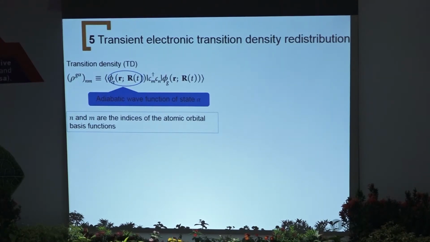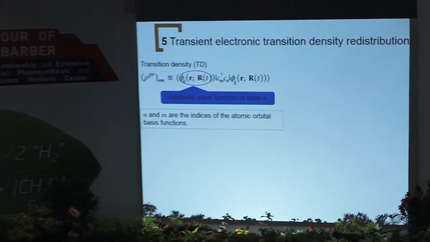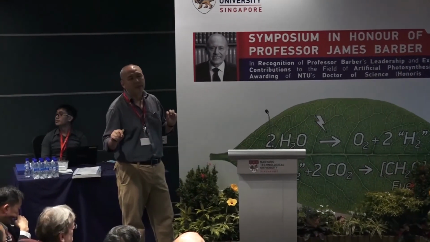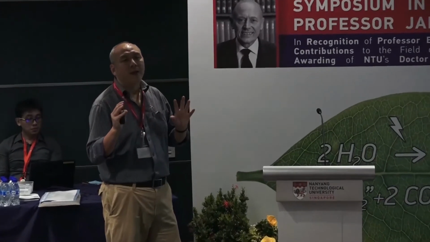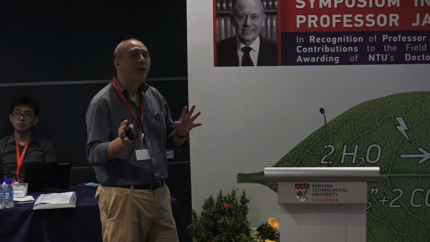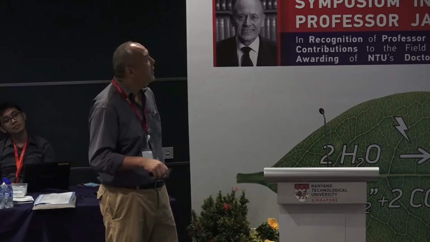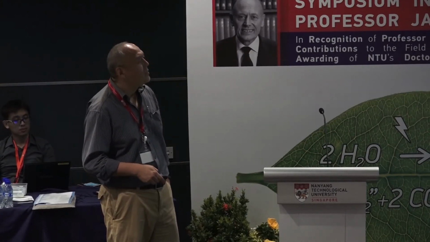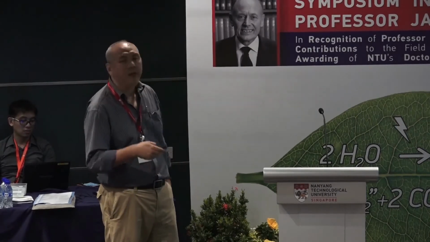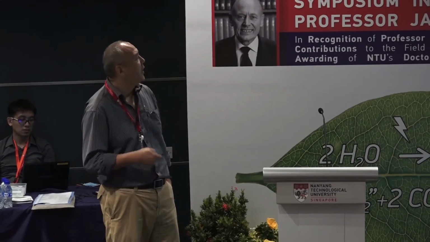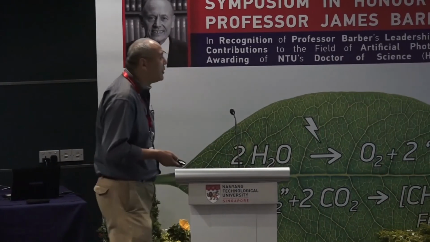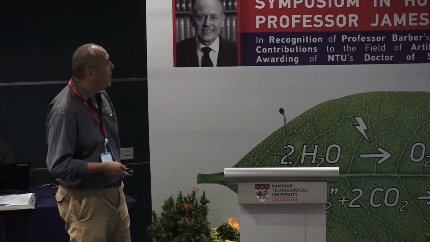The diagonal element basically shows you, comparing the excited states and the ground states, how the electronic density moves around. So by calculating this transition density, we can learn a lot about how the electronic charge moves around in the system as the system goes from higher excited states to the lowest QY state.